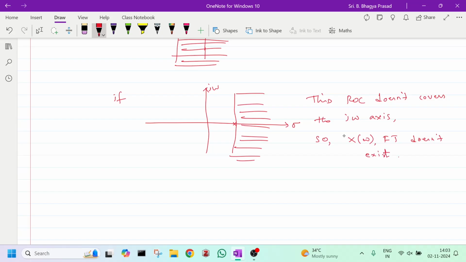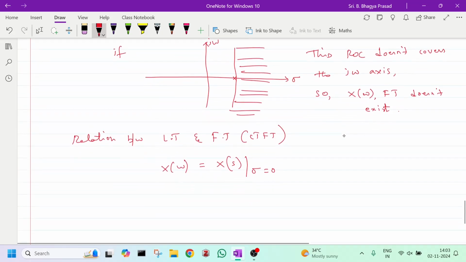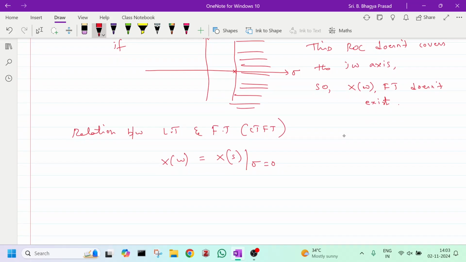So this is the relation between the Laplace transform and Fourier transform, that is CTFT. As we have seen, X of omega, the Fourier transform, is nothing but X of s when sigma is 0. Based on this you can find the relation between the Laplace transform and the Fourier transform.